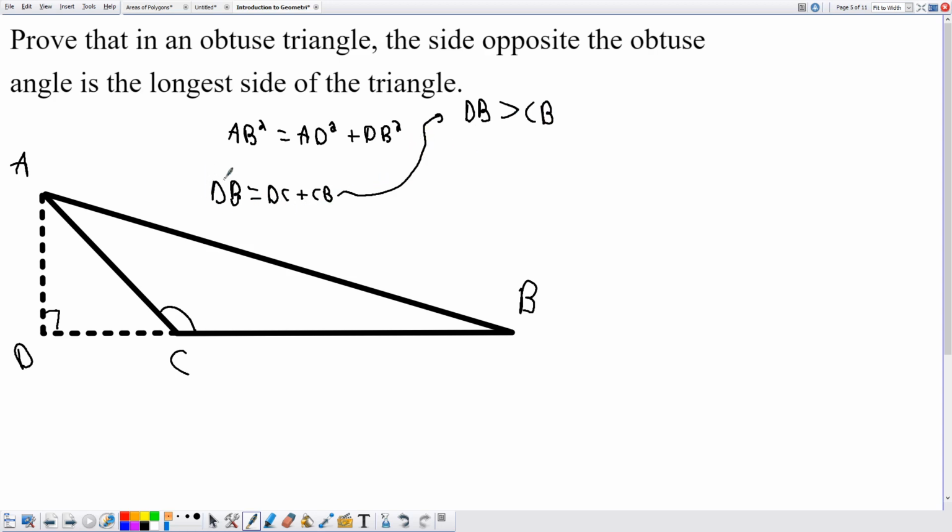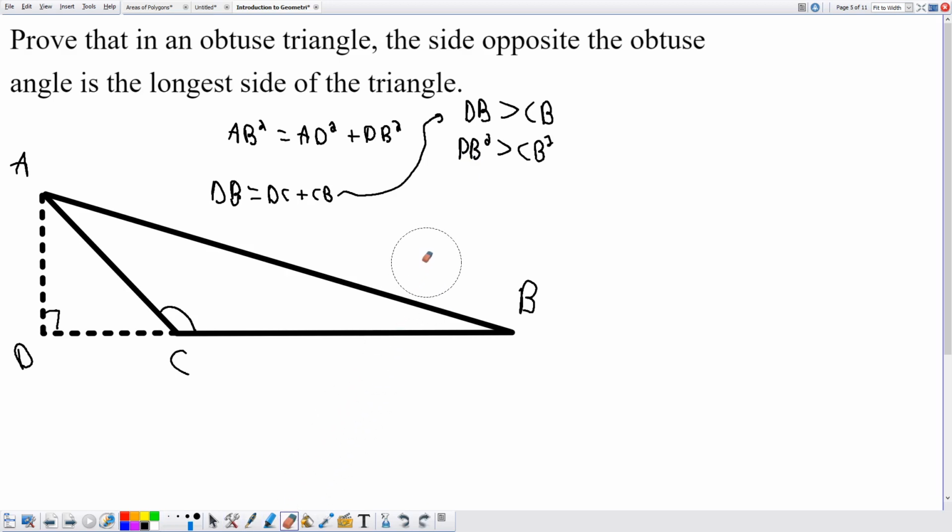Again, because DB is the value of CB added with another positive value DC. However, this also implies that DB squared is greater than CB squared by just squaring both sides of the inequality.